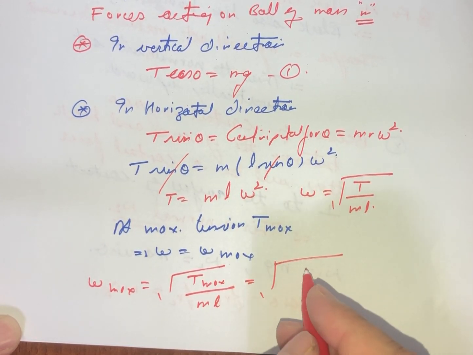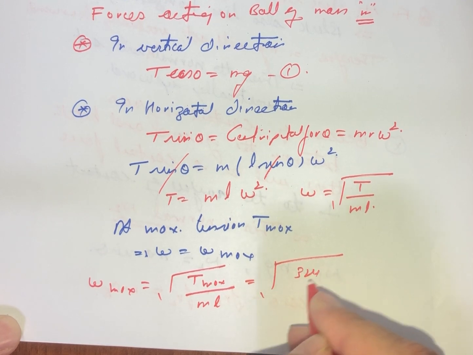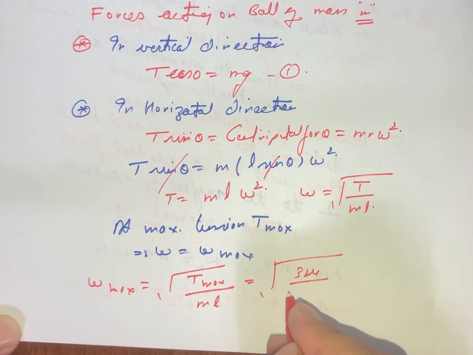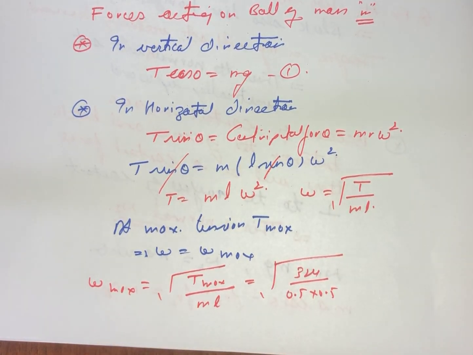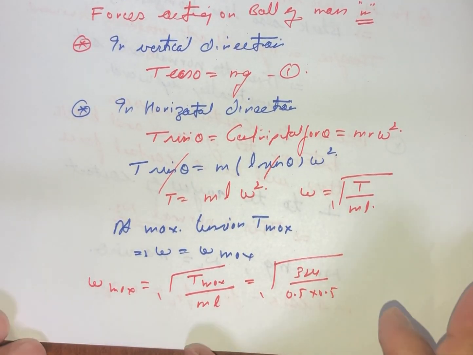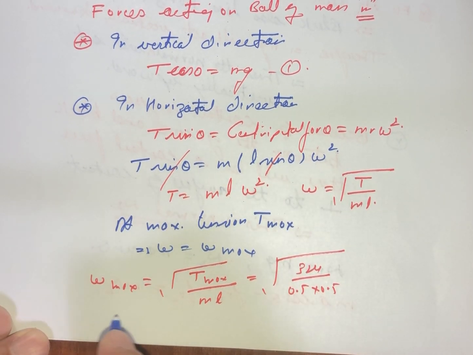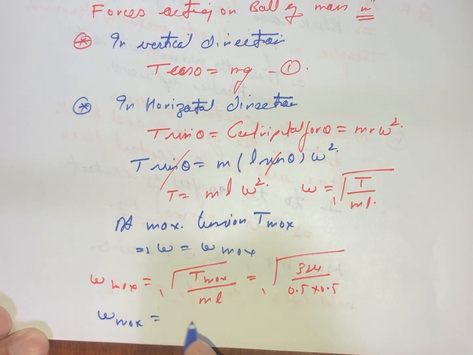Substitute the values, T max is given as 324 and mass is 0.5 multiplied by 0.5. So we get our maximum angular velocity will be coming equal to 36 radian per second.